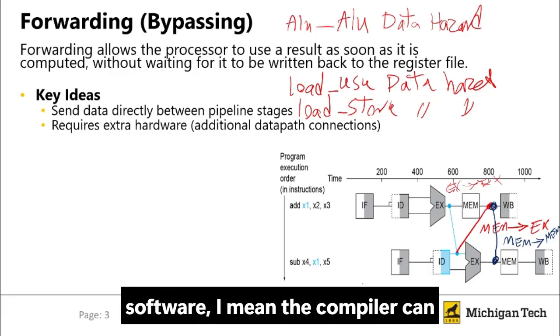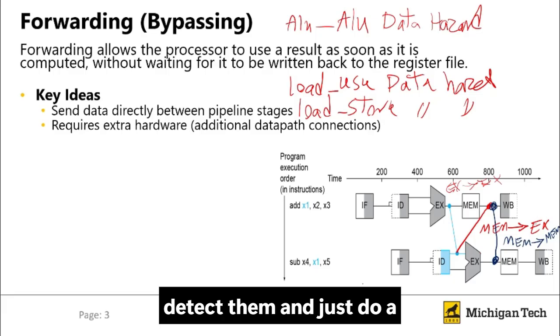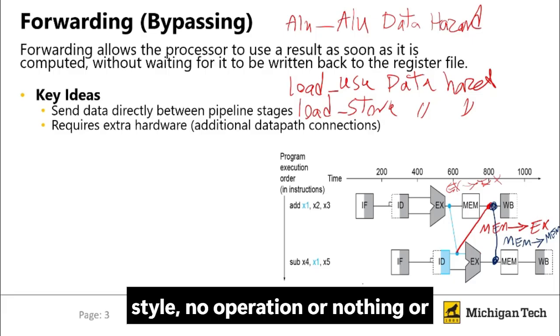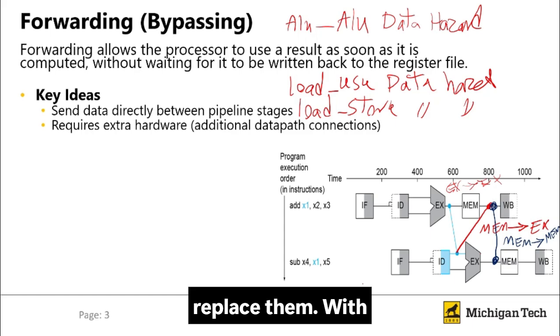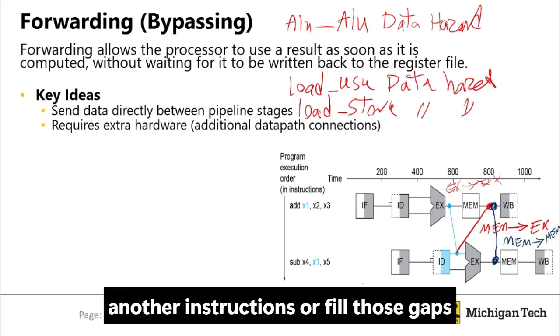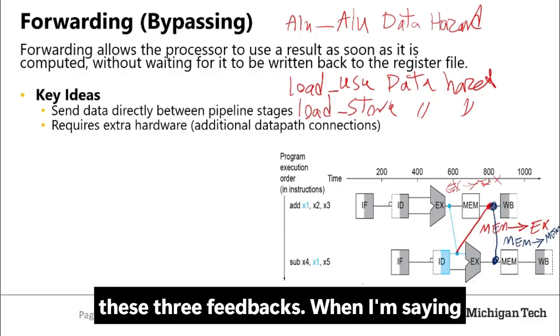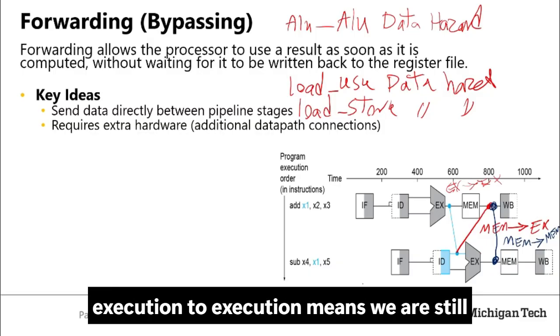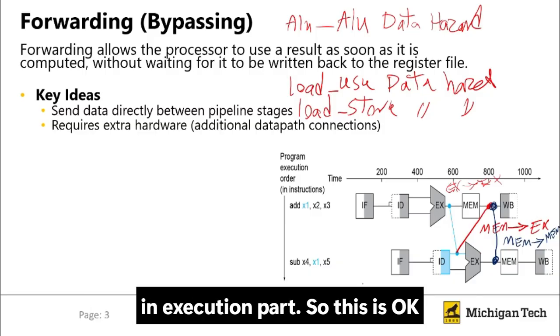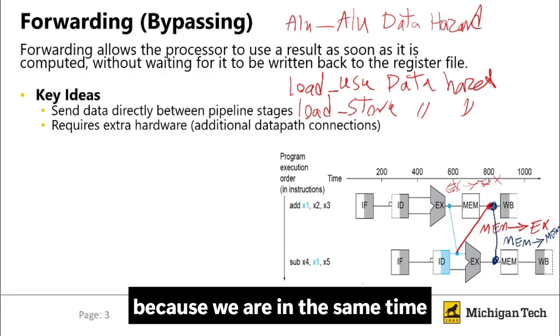I mean, the compiler can detect them and just insert a stall, a no operation, or replace them with other instructions, filling those gaps with another instruction. But we have these three feedbacks. When I'm saying execution to execution, it means we are still in the execution stage, so this is okay because we are in the same time.